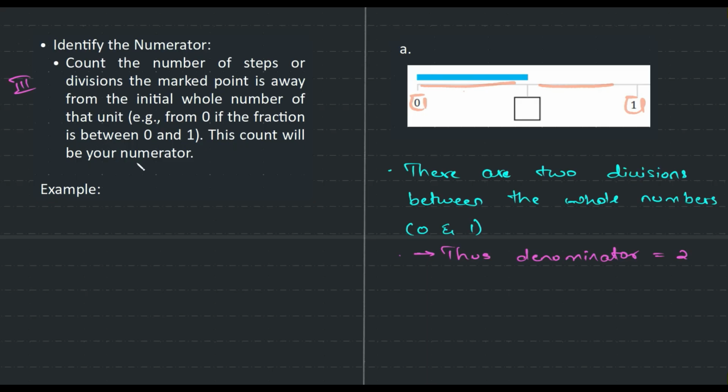This count will be the numerator. So from 0 in our case, we have to count how many parts away this point is. So this is basically 1 part away. So that will be my numerator. Numerator in our case is 1.